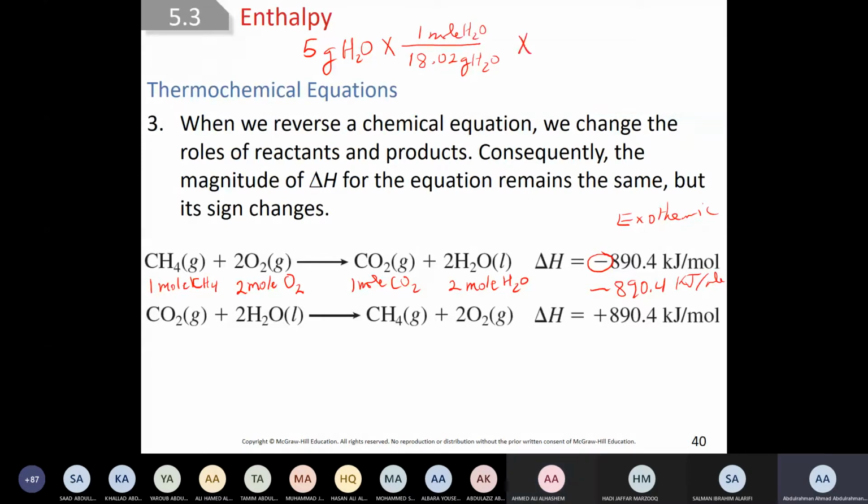And then, what's next? Now, 2 moles down. Why did I write 2 moles here? Because you have 2 in the equation. And what's the heat? Minus 890.4, and you have the answer. Is this clear? Any question?